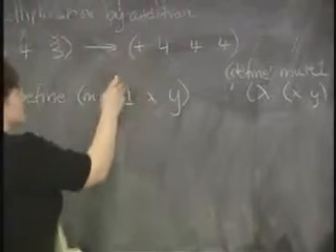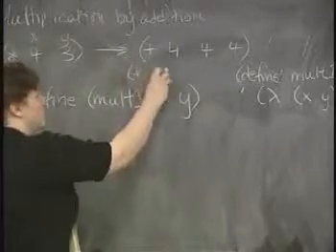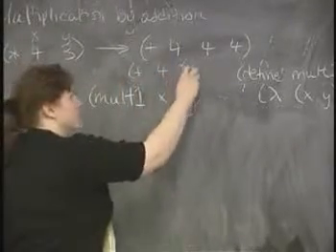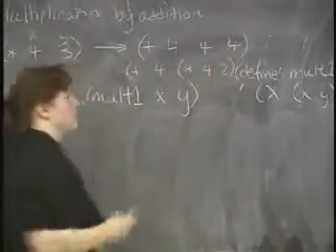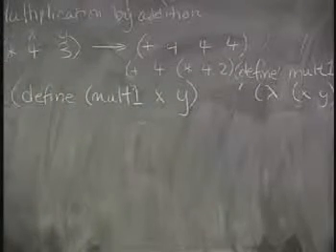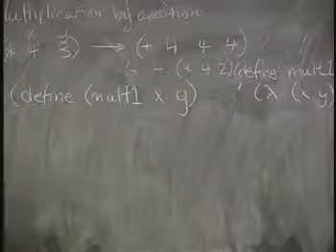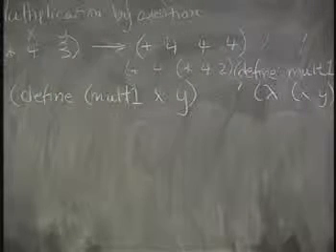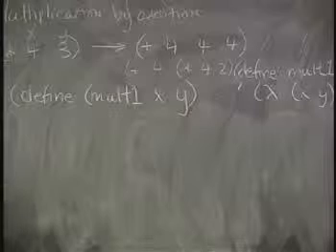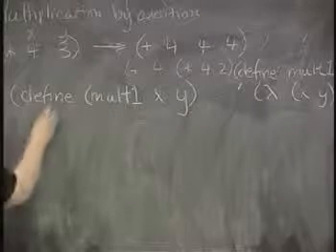Well, this is really the same as saying, let's add 4 to the multiplication of 4 times 2. And then 4 times 2 is plus 4 times 1, with our base case being what?